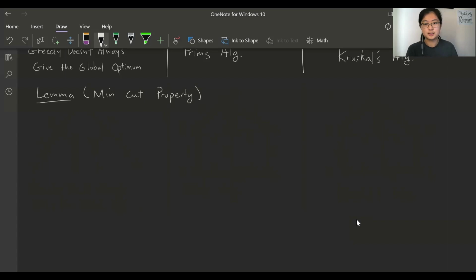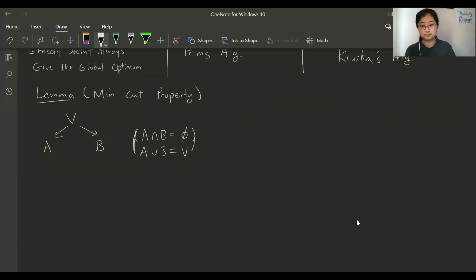What this says is that if you partition all the vertices into 2 sets, sets A and B, such that A and B do not intersect, so there isn't a vertex that's both in A and in B, and also A union B is equal to the set of all vertices.